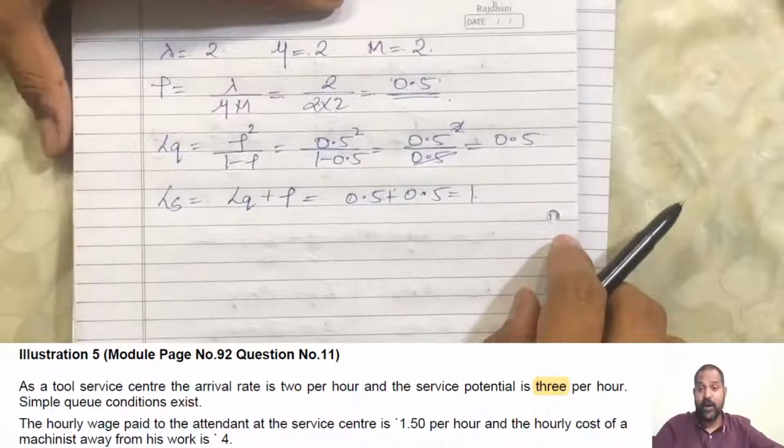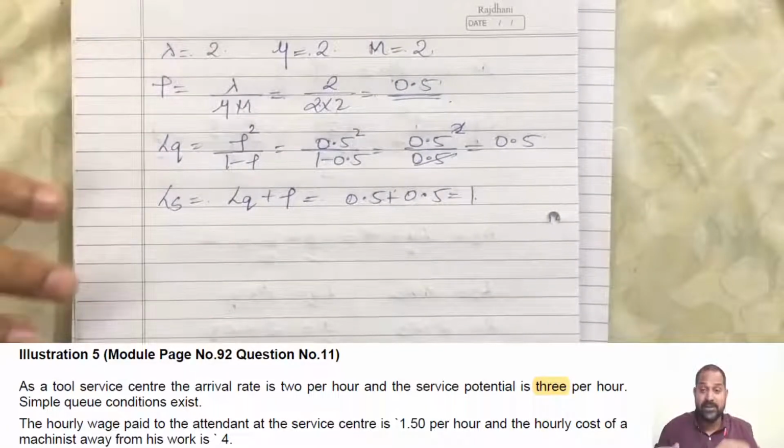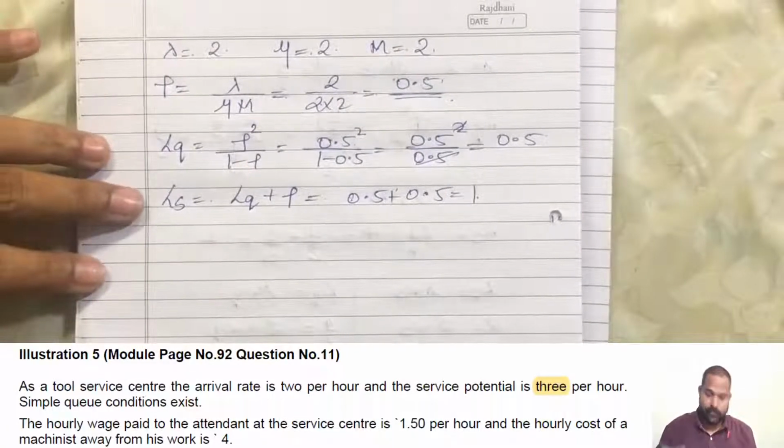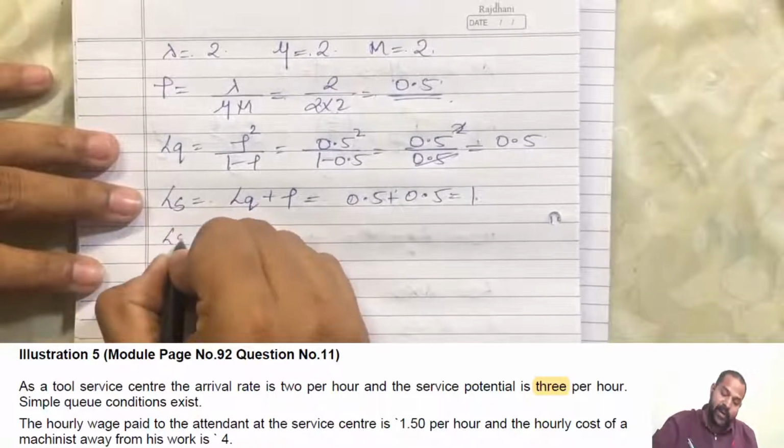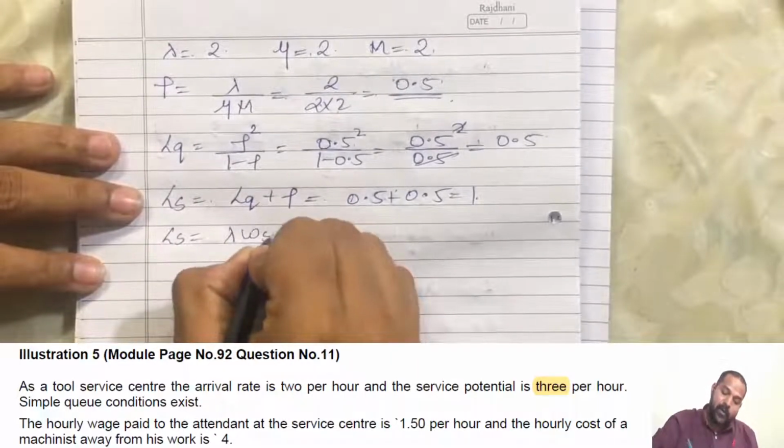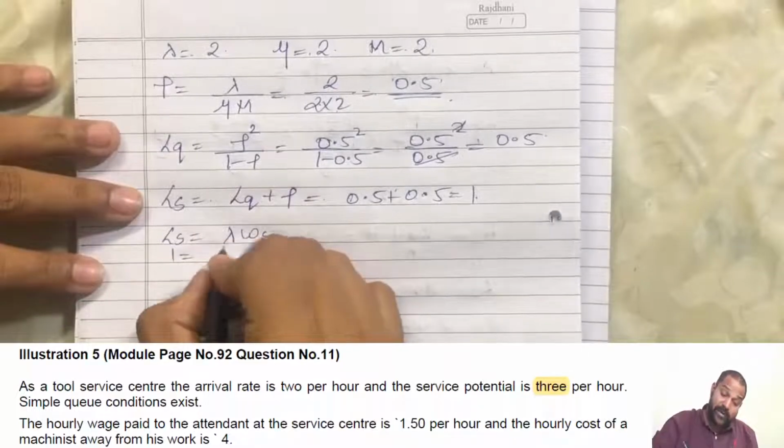Let me find out for how long this 1 person is stuck. For that, I need WS. LS is lambda WS. So 1 is, what is lambda?